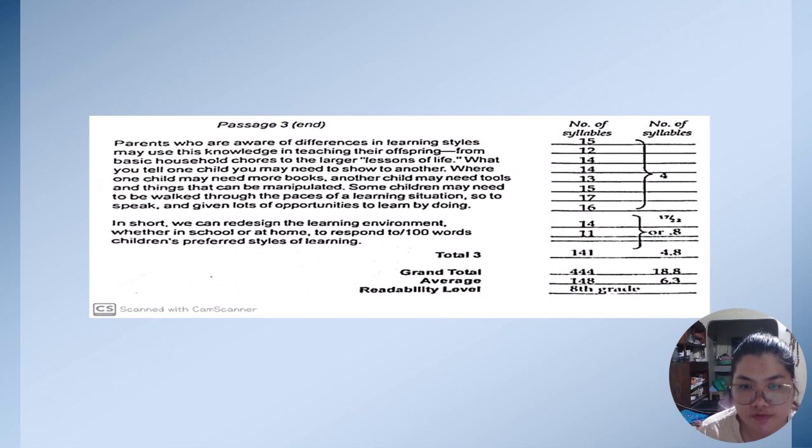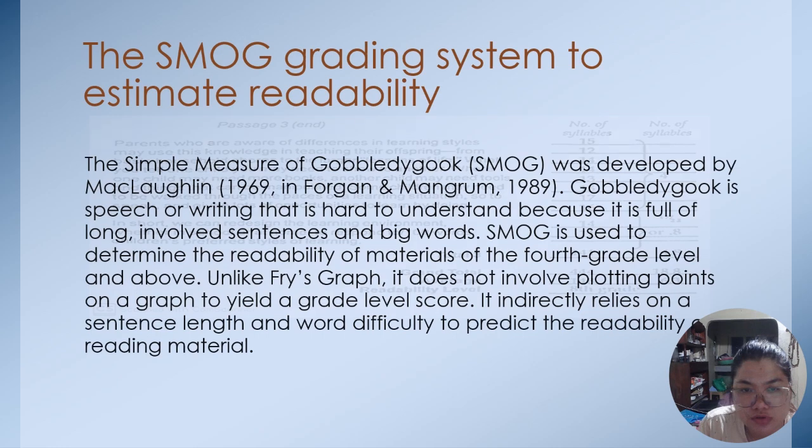There is a 141 total. The grand total is 444. Then the average readability level is the 8th grade. So this level of reading is for the 8th grade level.